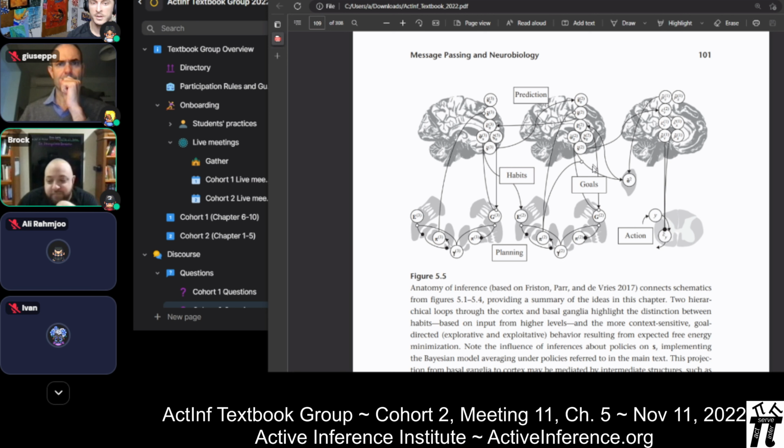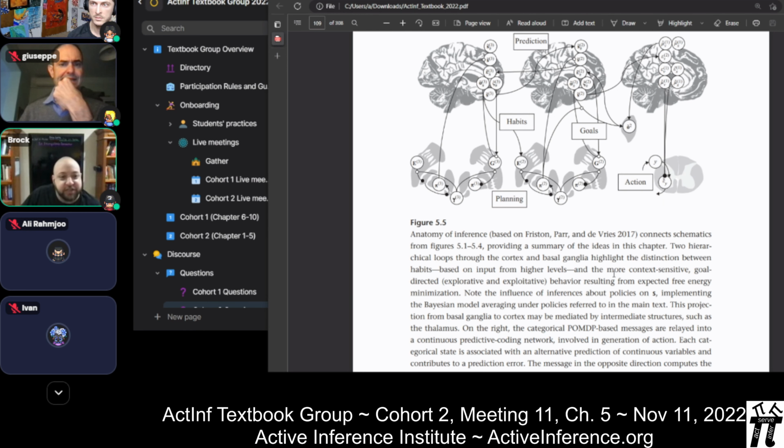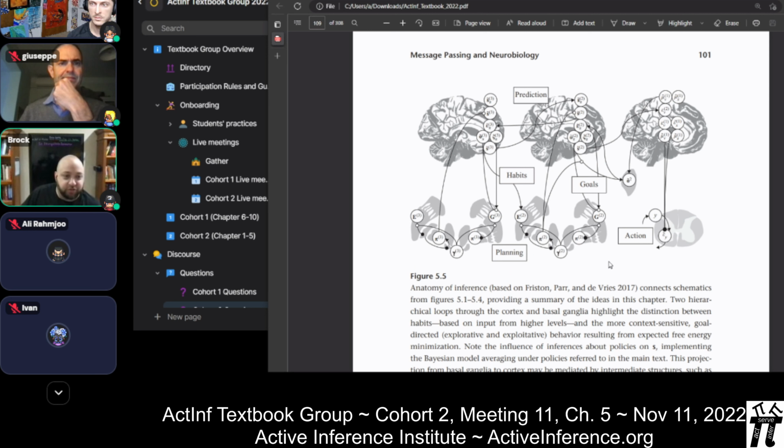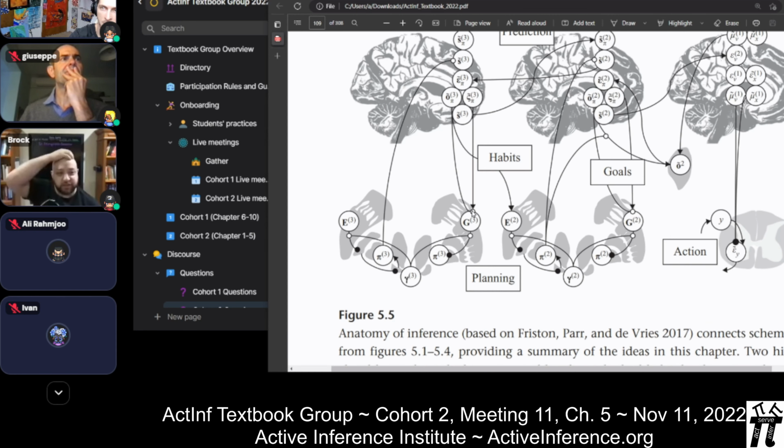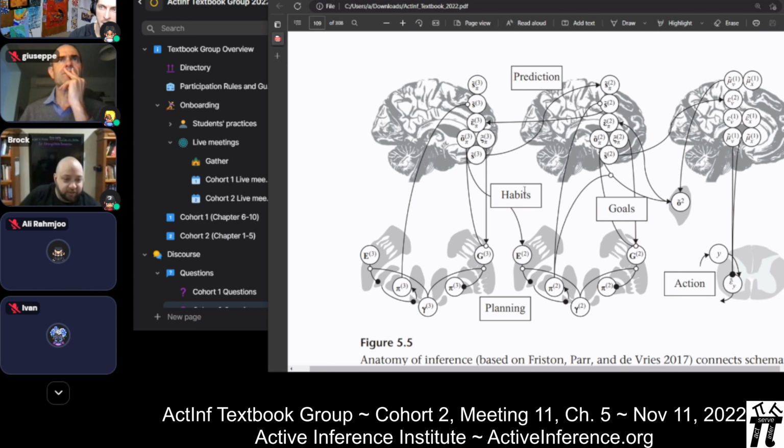Seems like you could do planning without goals, but it seems like a goal there would be a reason to plan. A biological goal of like homeostasis, right? Allostasis, sort of. There was a live stream you guys did recently on that, right? And then some more subjective cultural thing.